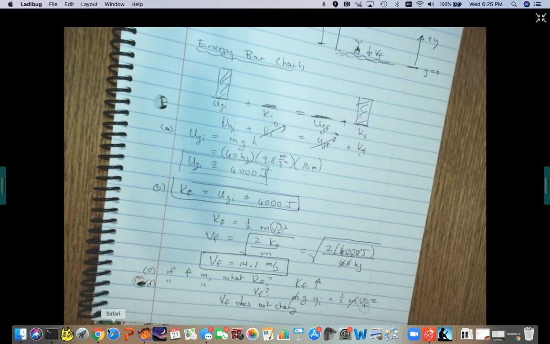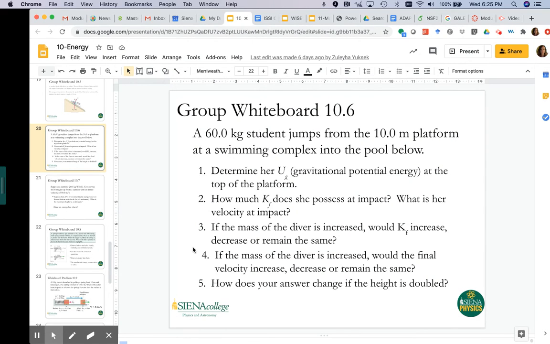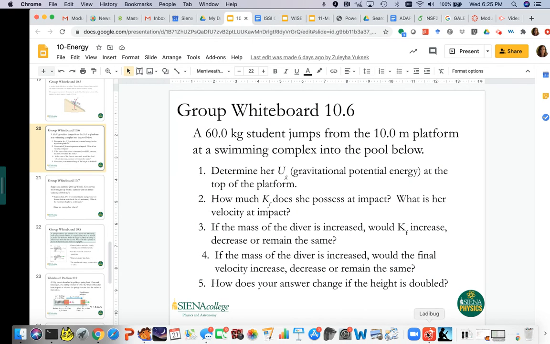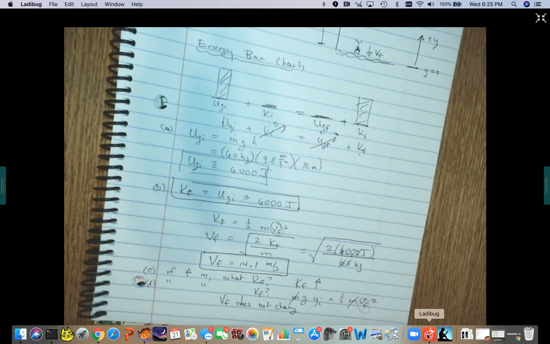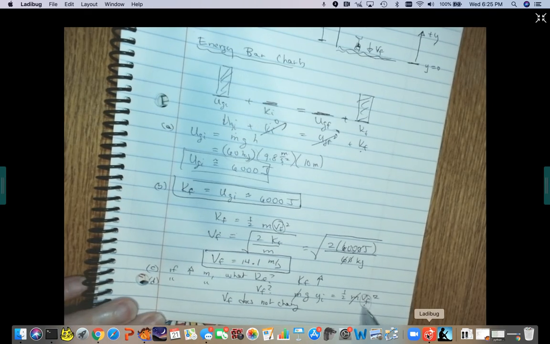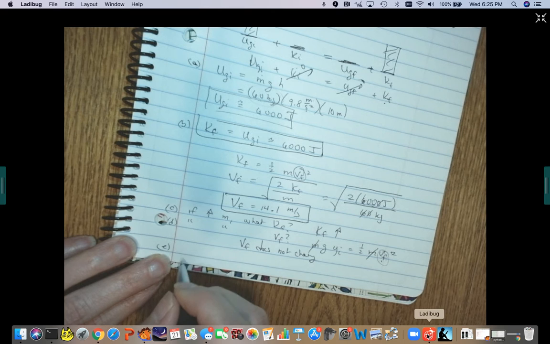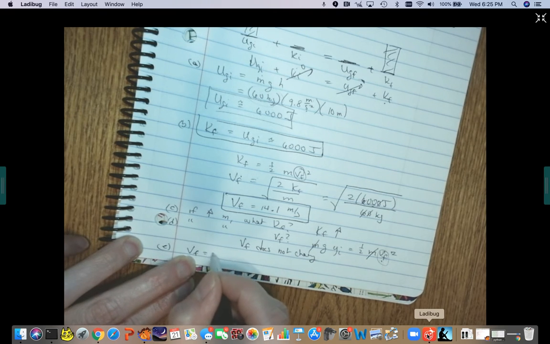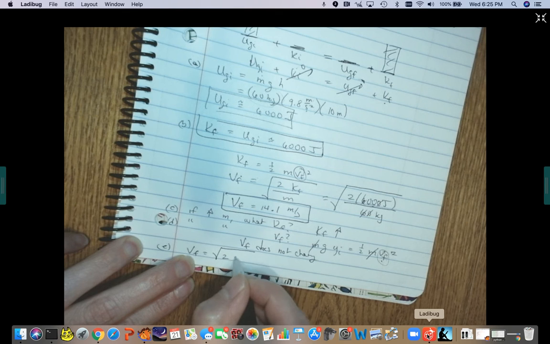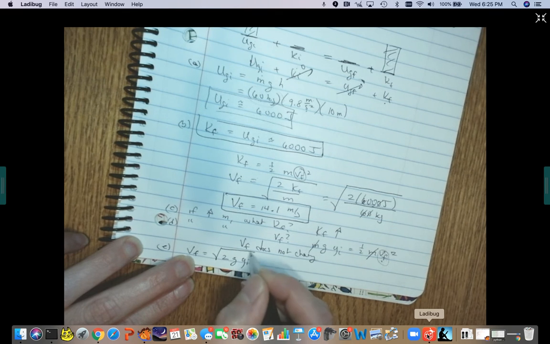Okay, and there was one more. How does your answer change if your height is doubled? Okay, so let's go ahead and just solve for v final here. I get v final equals the square root of 2g y initial.